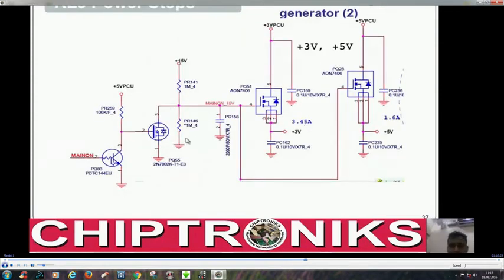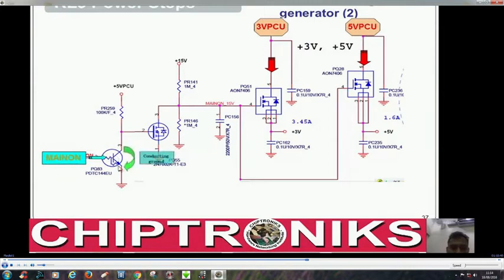Here you can see this 3V PCU and 5V PCU would get converted to plus 3V and plus 5V with the help of MAIN_ON, and you can see here MAIN_ON is going to the base of this transistor.